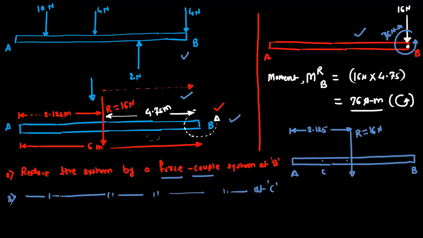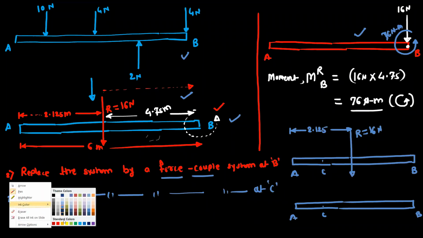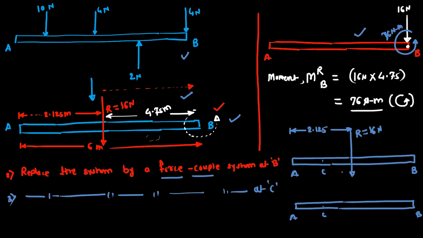Okay, now we have to shift this force to the point C. So draw this vector exactly at point C. So this is R is equal to 16 Newton.